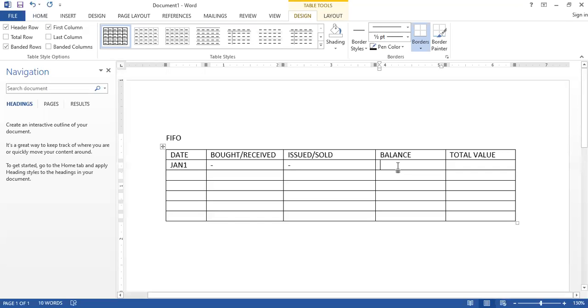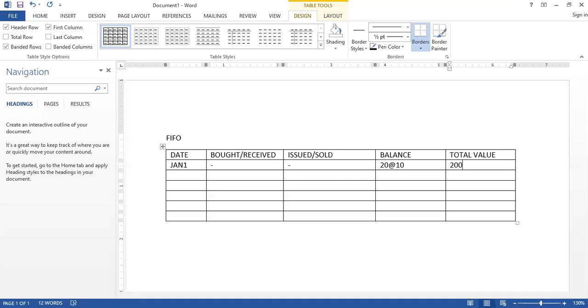Now let me say you have 20 items at the price of $10 each, and then you will have a total value of 200. That is how you record a balance.